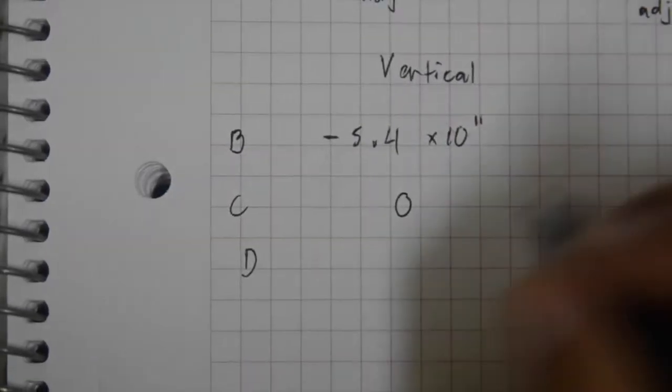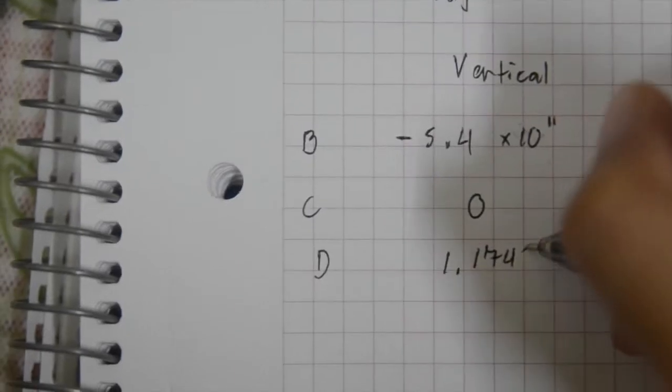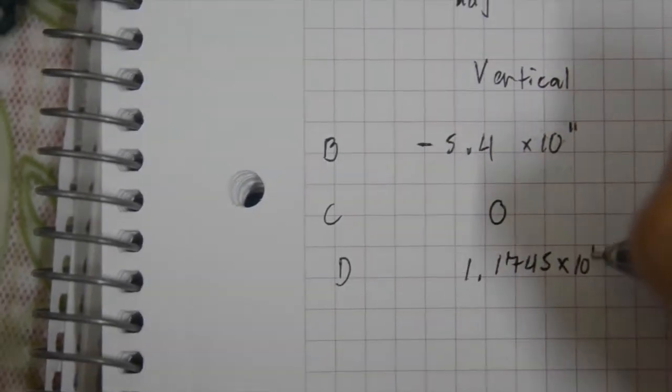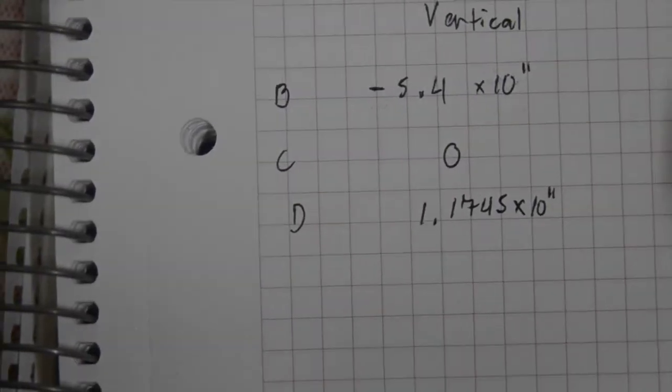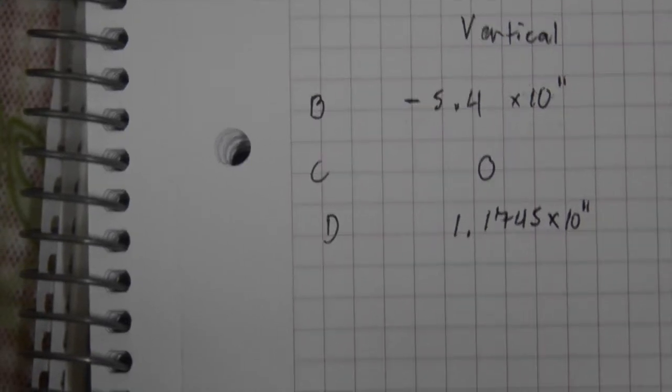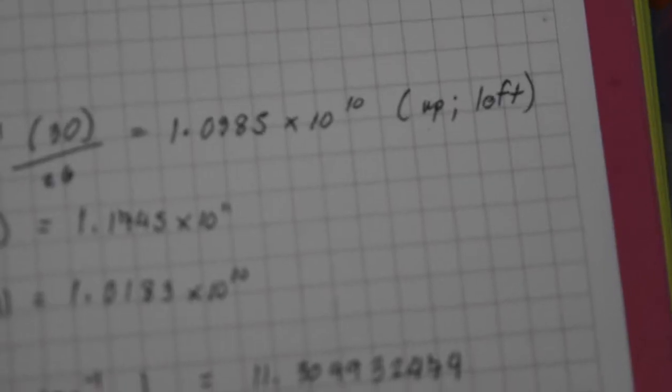Then for D, the vertical is 1.1745 times 10 to the 11th, and this is up, so it's positive. Our horizontal is 1.0183 times 10 to the 10th, which is going to the left, so we will make that negative.